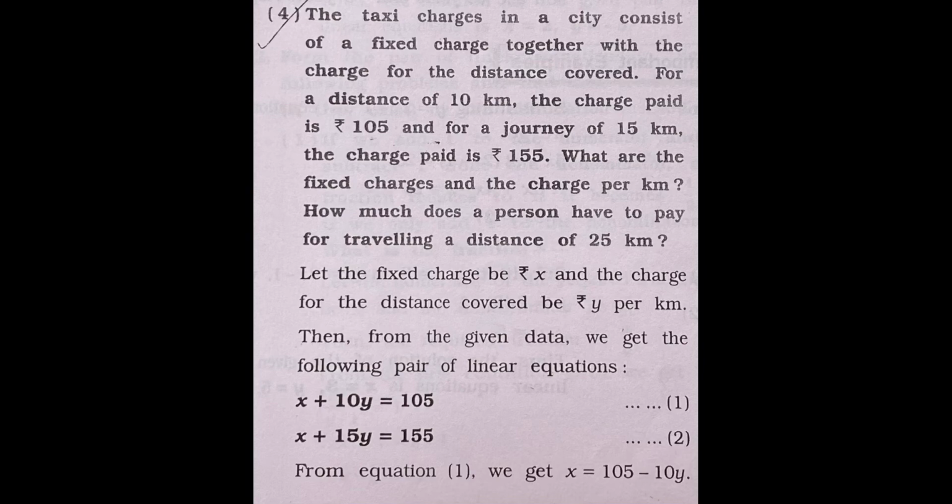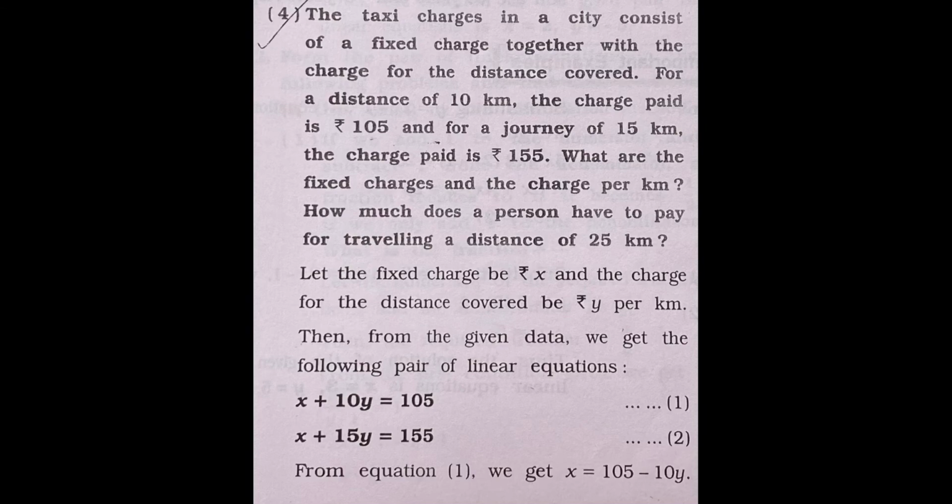And similarly, for 15 kilometers, the total charge is 155. We have to find the fixed charge and the charge per kilometer. So let rupees x be the fixed charge and rupees y be the charge for distance covered per kilometer.